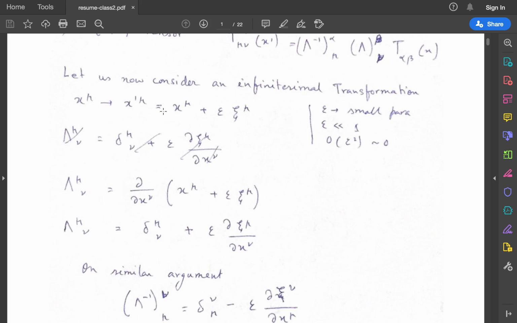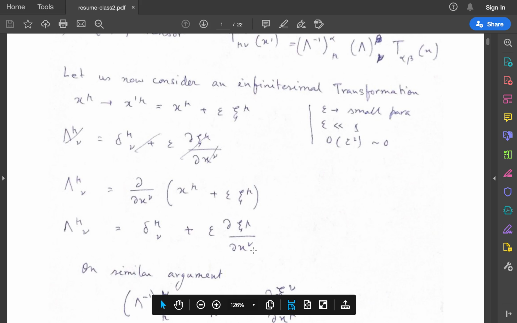Okay, so how does the definition of this gamma look? Gamma is nothing but del by del x mu of x mu plus epsilon zeta mu. Now this is nothing but the delta function plus the ordinary, general definition of the partial derivative. So this gamma is defined in terms of the delta function and the partial derivative along with this small parameter epsilon.